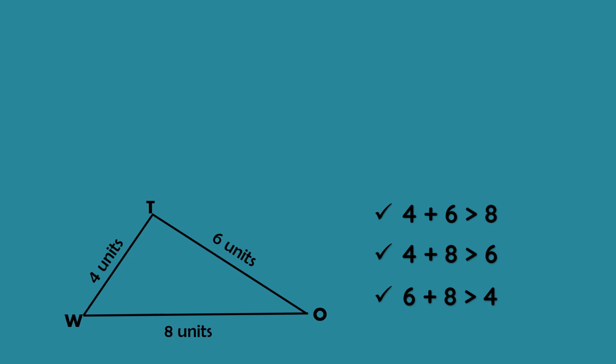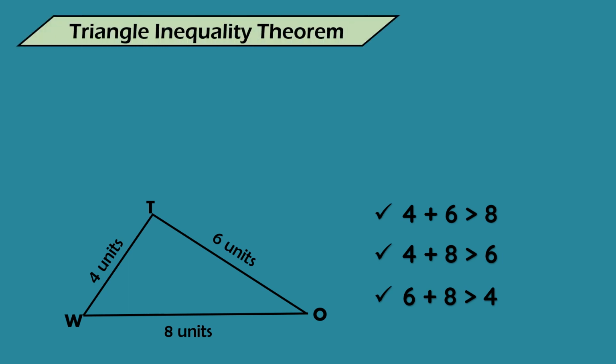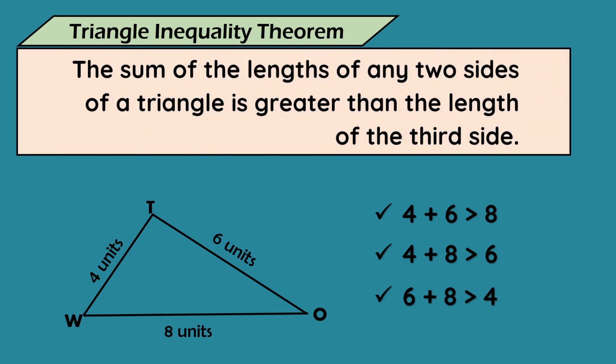And that is what the triangle inequality theorem tells us: the sum of the lengths of any two sides of a triangle is greater than the length of the third side. As you can see, the sum of the lengths of any two sides is always greater than the length of the third side.